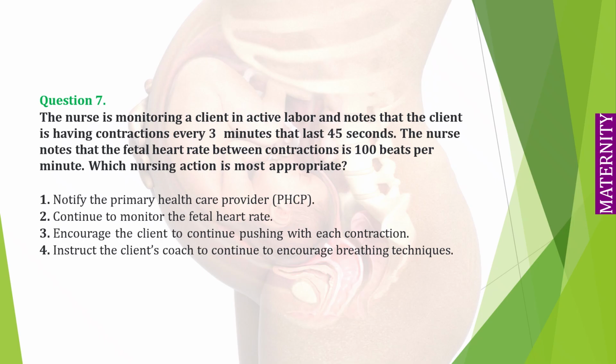Notify the primary healthcare provider, PHCP. 2. Continue to monitor the fetal heart rate. 3. Encourage the client to continue pushing with each contraction. 4. Instruct the client's coach to continue to encourage breathing techniques. Explanation. Question 7.